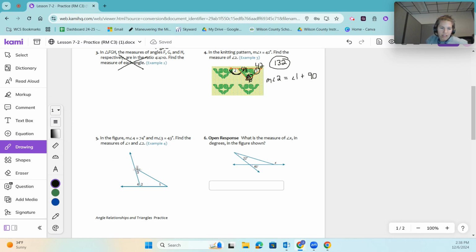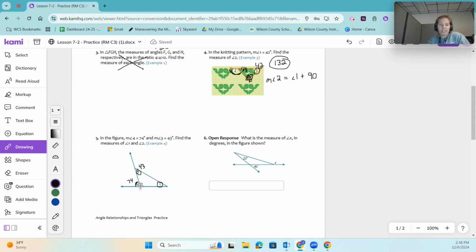The measure of angles 3 and 1 will add up to equal the measure of angle 4. Here it tells you the measure of angle 4 is 74 degrees, and the measure of angle 3 is 43 degrees. Then it says find the measures of angle 1 and angle 2.